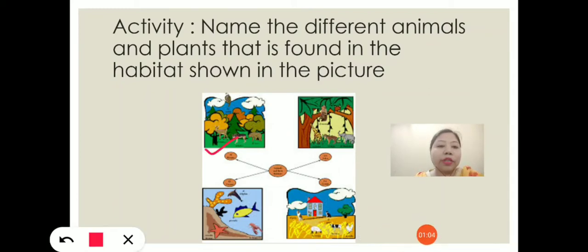The first picture is that of the mountain region, the second is that of the forest, the third is that of the aquatic habitat and the fourth is grassland. So children, please write down the names of different plants and animals that are found in these habitats shown in the picture.